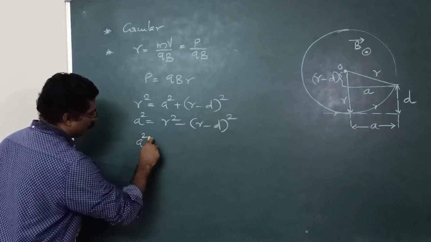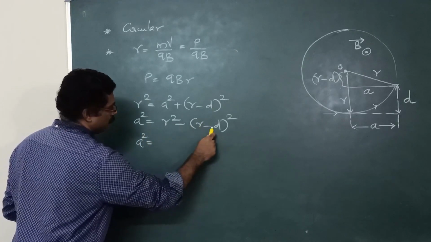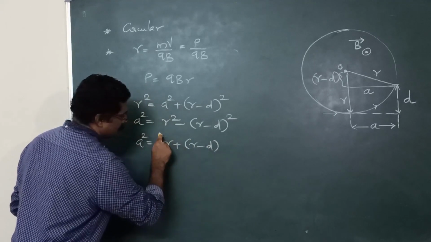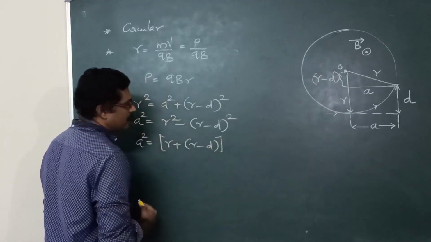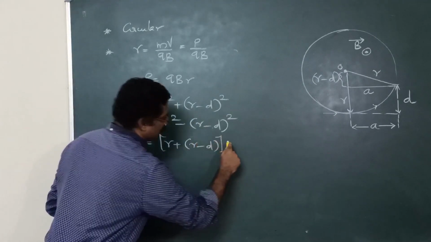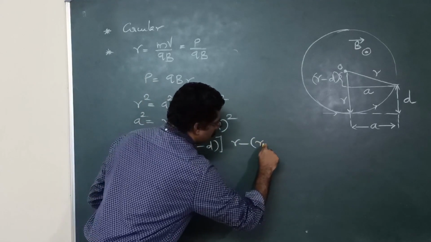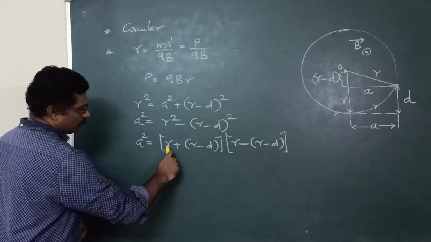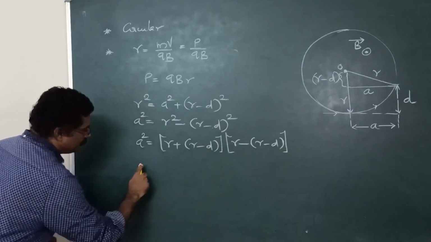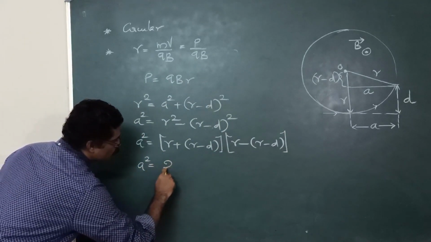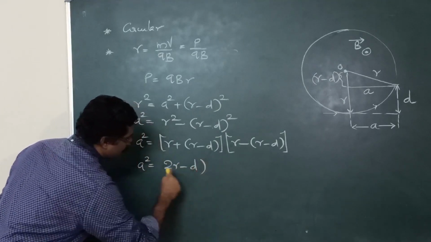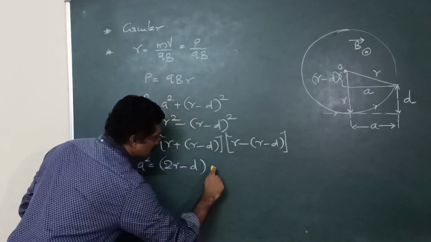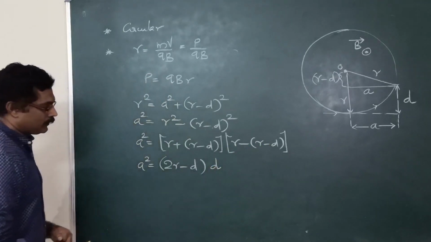So a square is equal to (a plus b) into (a minus b). This is r plus r, 2r minus d. So this is 2r minus d. And this is r minus r, 0, minus into minus plus. So it is simply d.